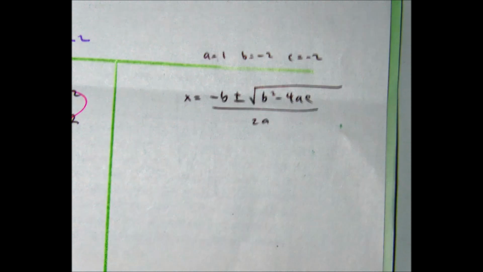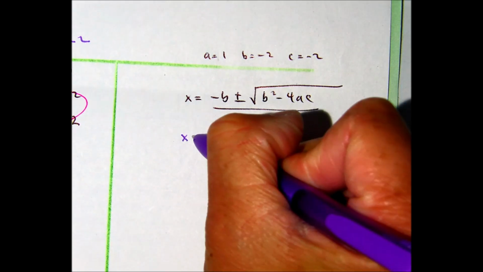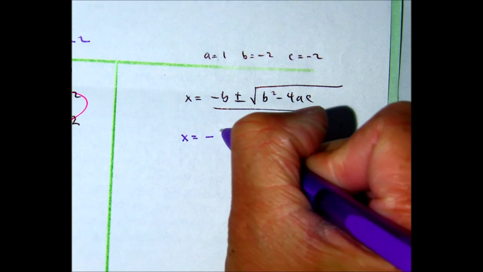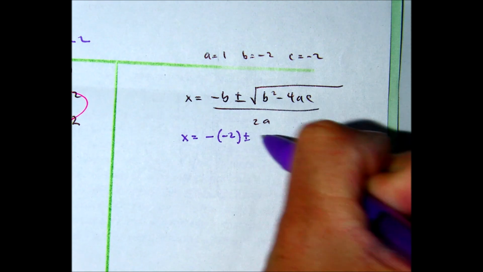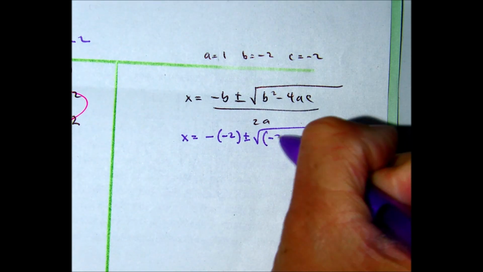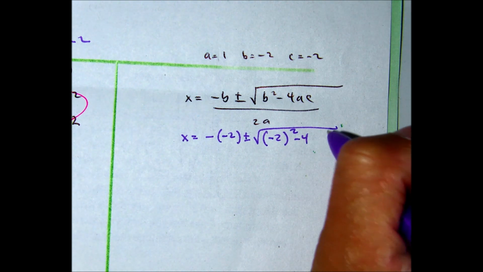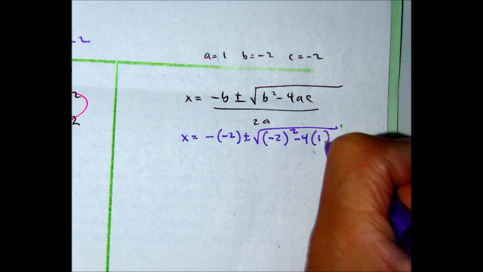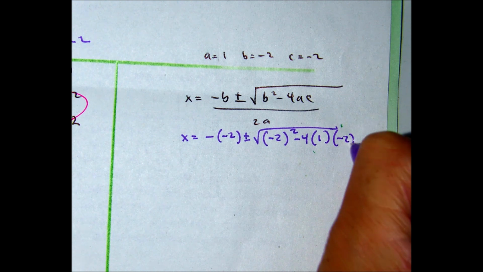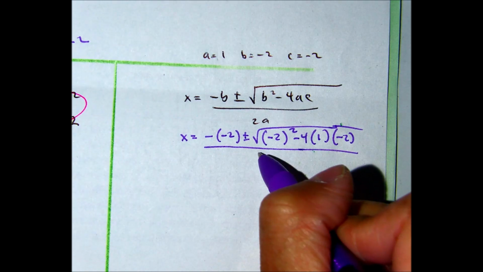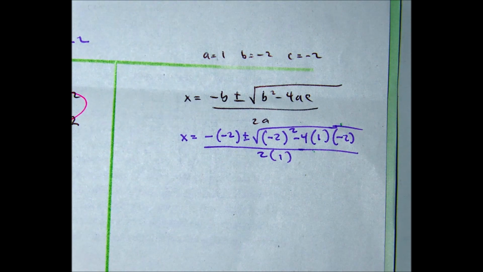I got x equals -(-2) plus minus square root of (-2) squared minus 4(1)(-2) divided by 2(1). You'll notice that every substitution I'm doing here is within parentheses.